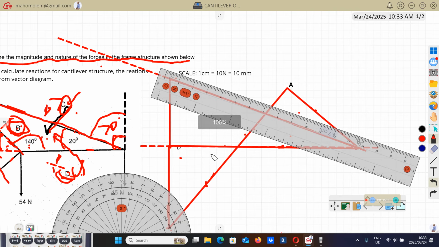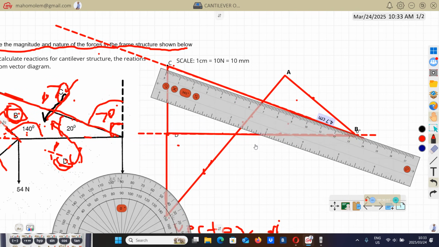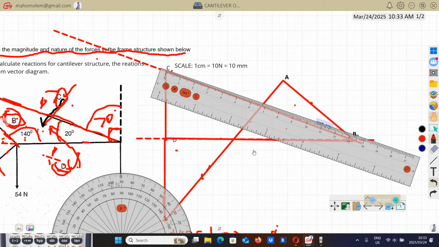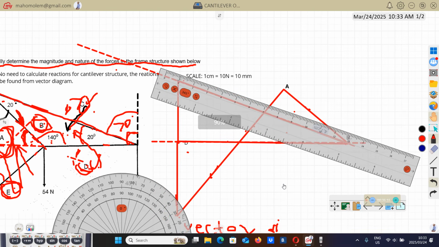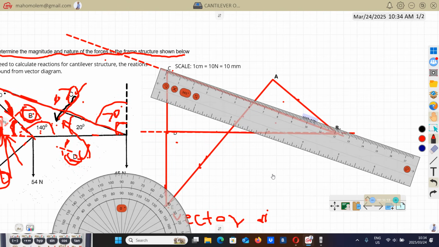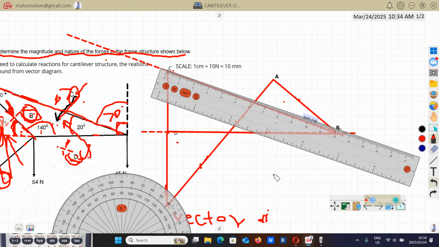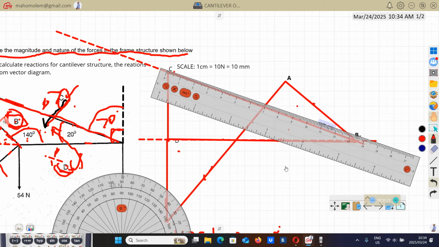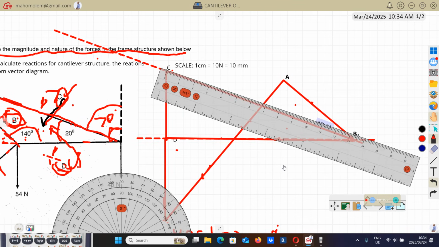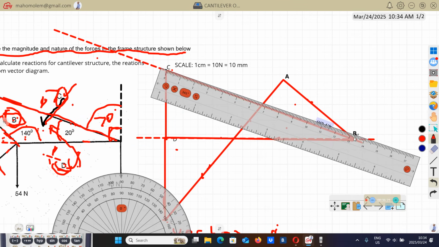Actually it was supposed to be like this. Yeah, let me leave it like that. So if you measure from here to B, you'll see it's about 130 something, 131. So that's what you must get. Right.